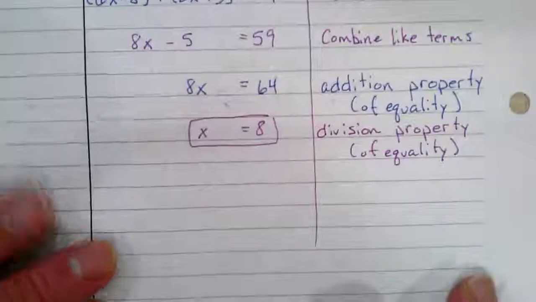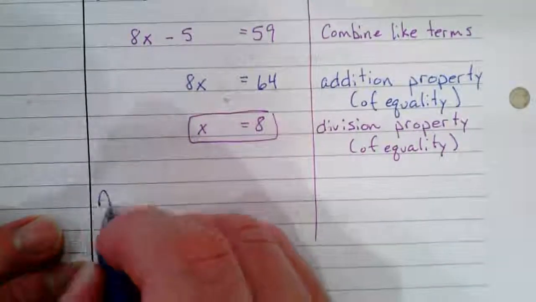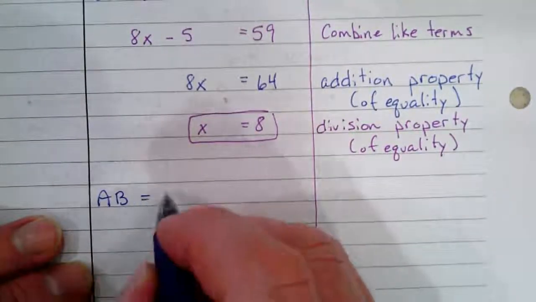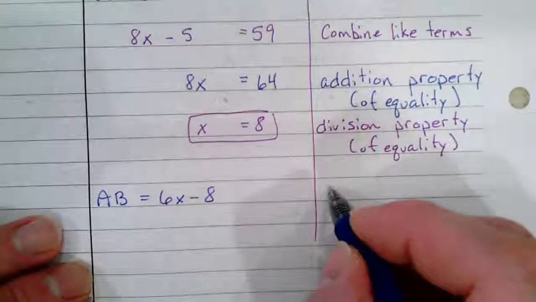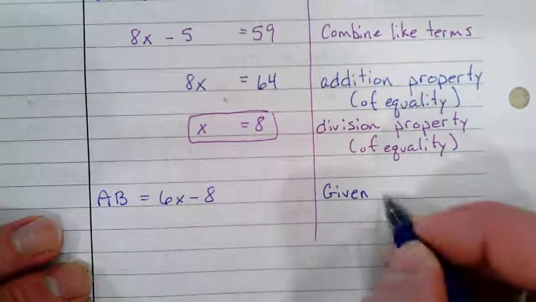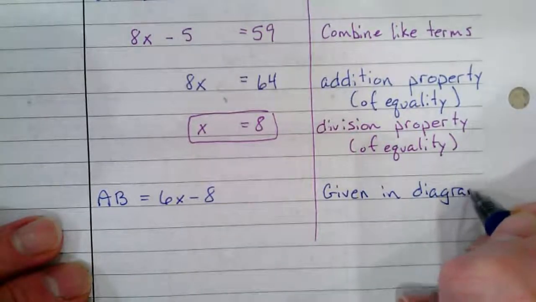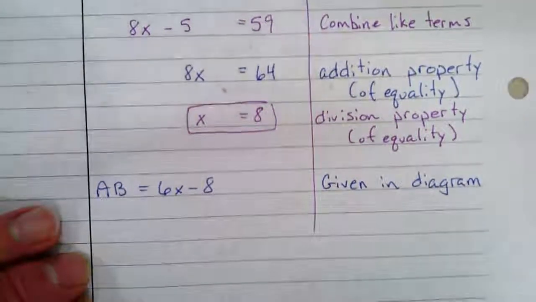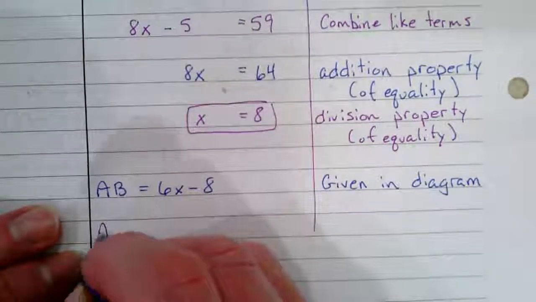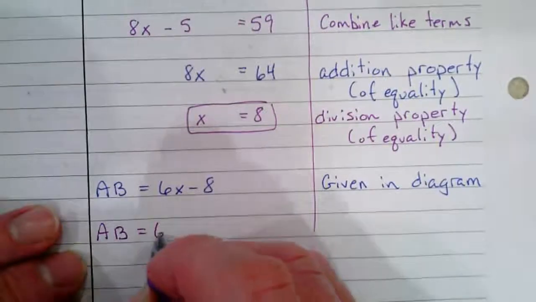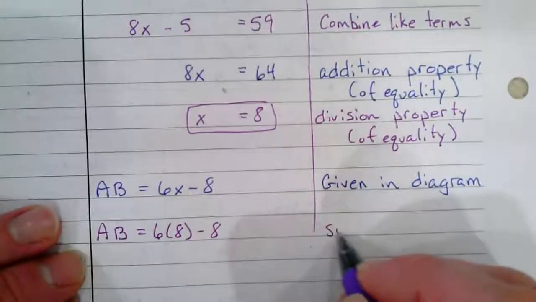Okay, next up, we want to find AB. Well, we know that AB equals 6x minus 8, and that was given in the diagram. Now we know that x is 8. So we say AB equals 6 times 8 minus 8, and that was substitution.